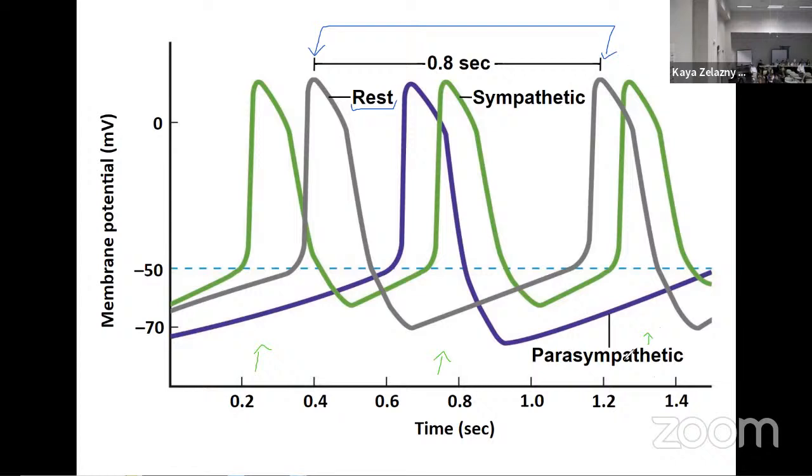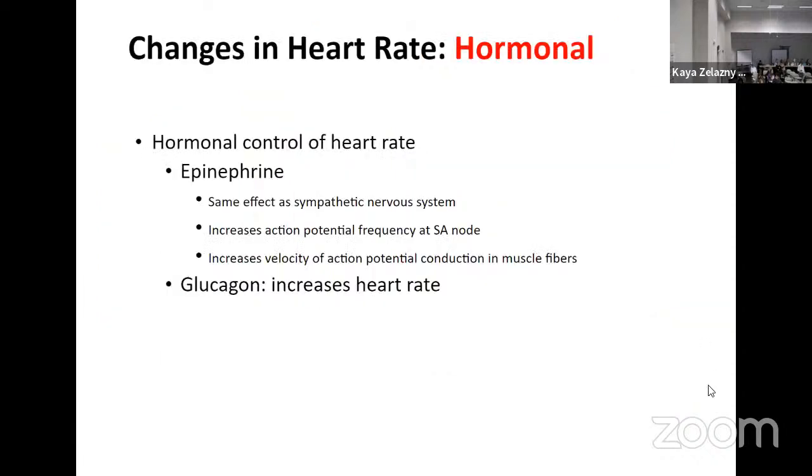If our parasympathetic nervous system is dominating, we just had 1 heartbeat in the same graph worth of time, okay? So we see just changes to the frequency of those action potentials. So we can recognize here that that's our action potential from our pacemaker cells.